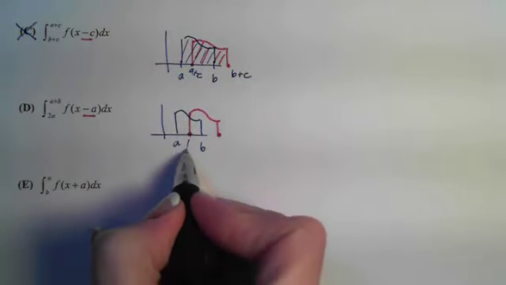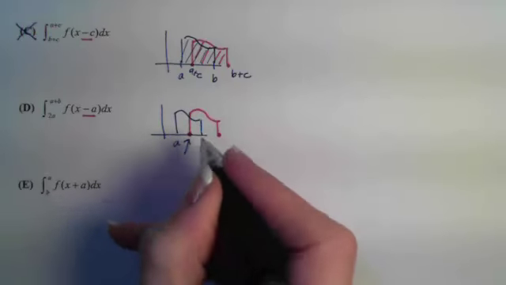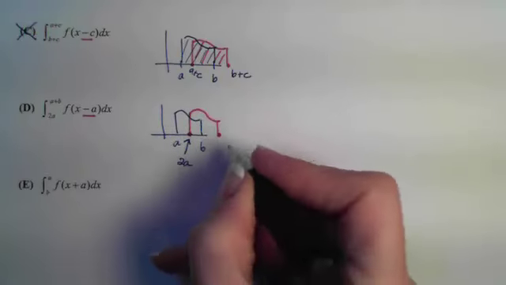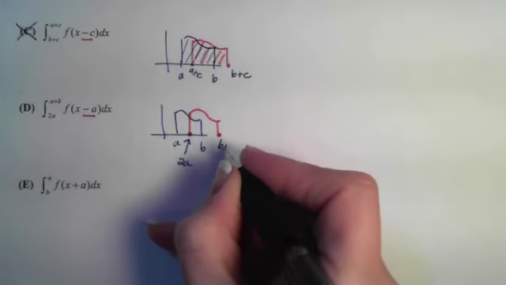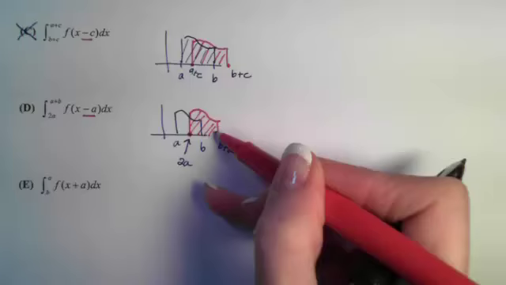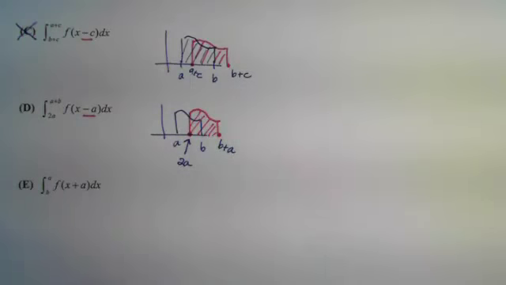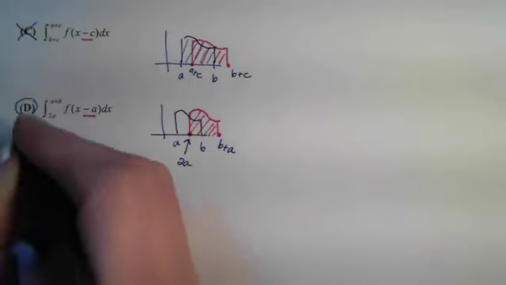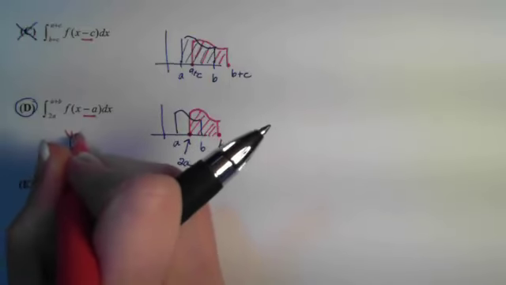When I do that, this new limit here will be a plus a, or 2a. This one will be b plus a, and I'm going to accumulate from the left to the right. So is that red accumulation the same? Yes, it is. So D works.